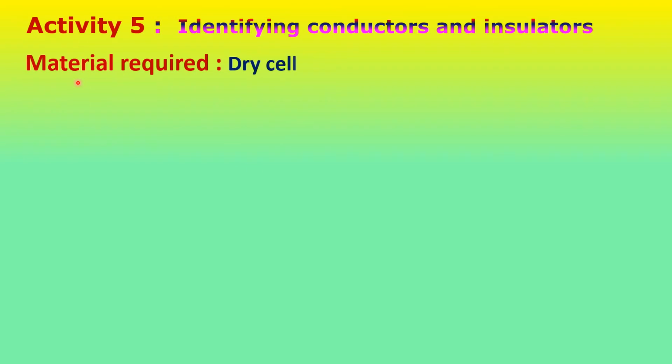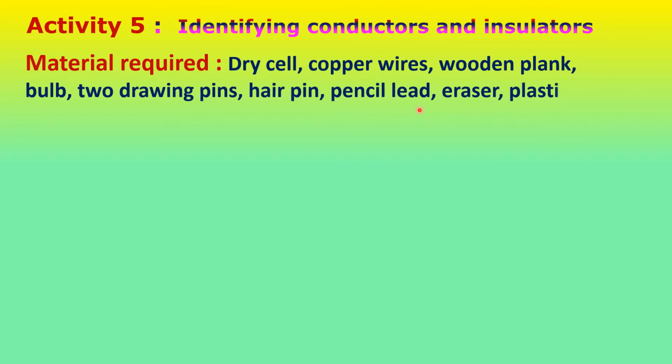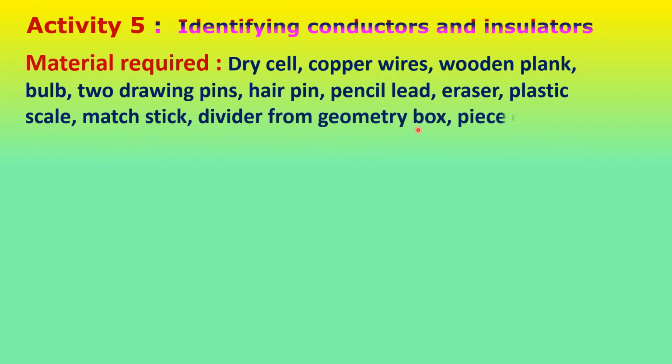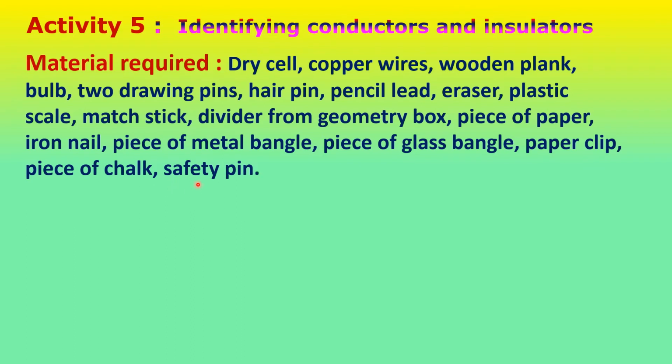In doing this activity, the material required is dry cell, copper wires, wooden plank, bulb, two drawing pins, hairpin, pencil lead, eraser, plastic scale, matchstick, divider from geometry box, piece of paper, iron nail, piece of metal bangle, piece of glass bangle, paper clip, piece of chalk, safety pin.